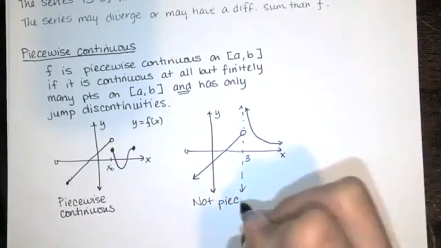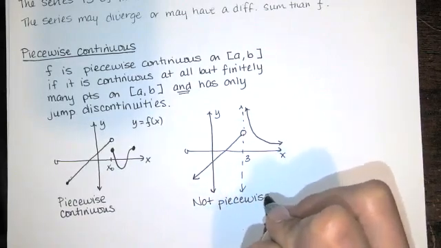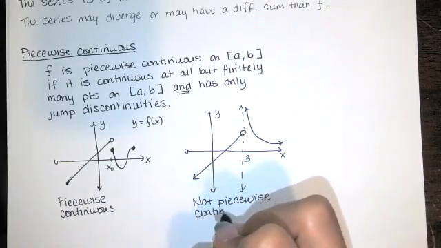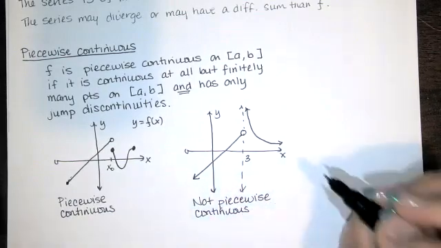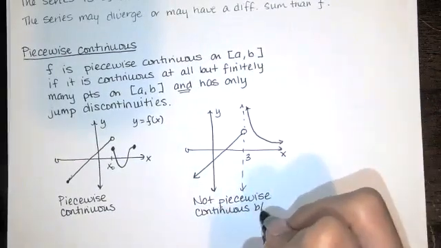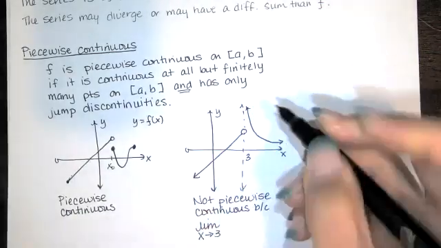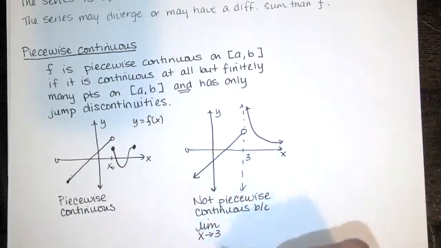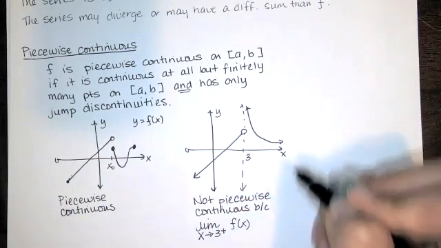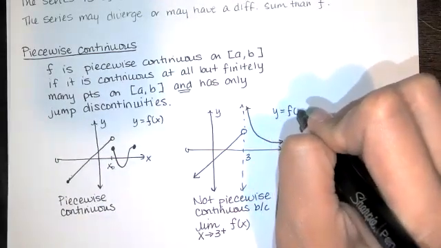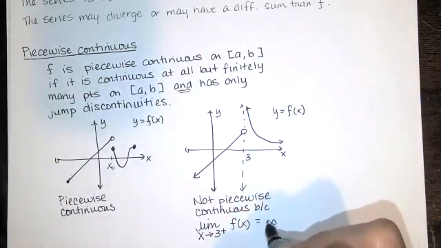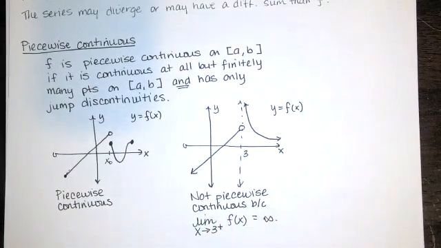Let's say that this is x equals 3. And the reason for that is that the limit as x approaches 3 from the right, from values larger than 3, of my function, which I'll label f, is positive infinity. So that's a limit that does not exist, doesn't exist in a special way. It goes to infinity.